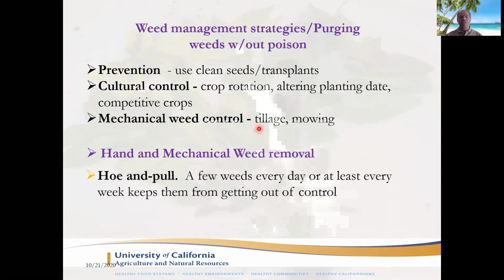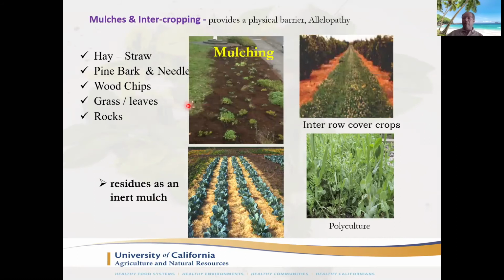What can you do? Prevent: use clean seeds. Don't let plants come with weed seeds. Cultural control: crop rotation, alter planting dates when weeds are not strong. Mechanical weed control: tillage, mowing. This is probably what you have been doing. Hand and mechanical weed control: hoeing and pulling, and then mulching.